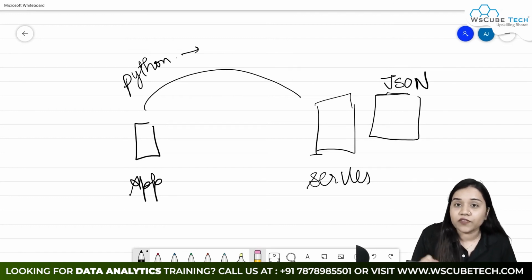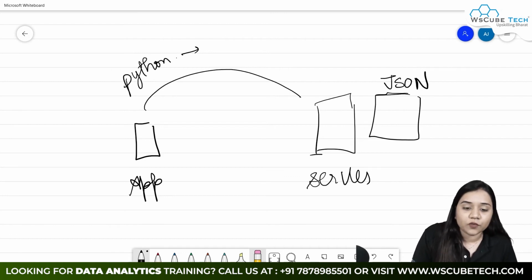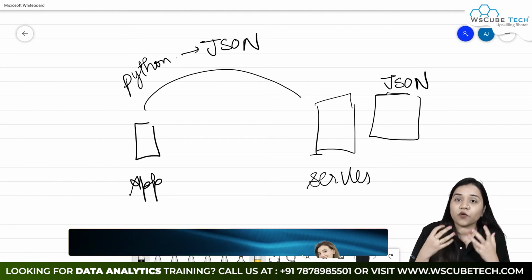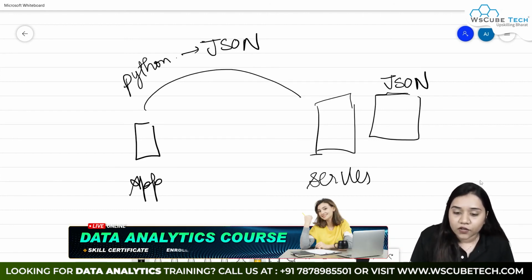So when we want to send data, we convert Python to JSON, and then the data gets stored in the server in the format of JSON. And when we want to use our data, we bring that data back to our application and convert this JSON to Python.